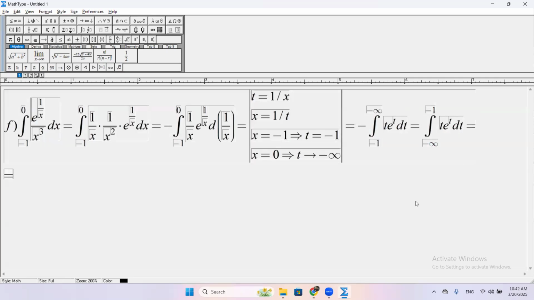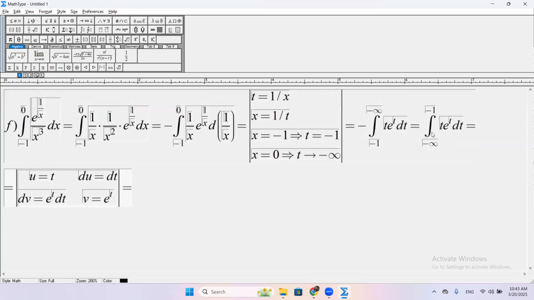And now let's integrate by parts as we substituted. So u equals t, du equals dt, dv equals e to the power of t dt, so v equals e to the power of t.